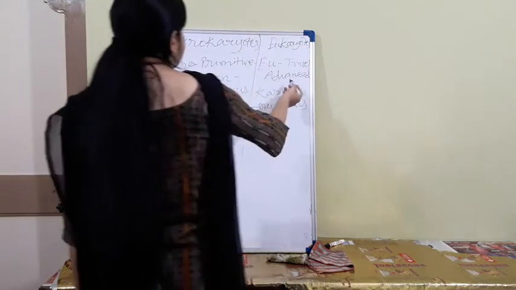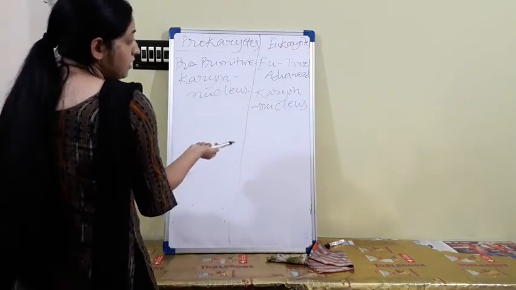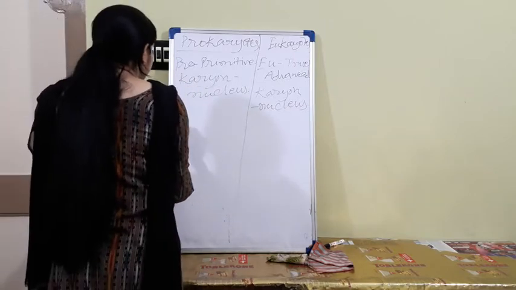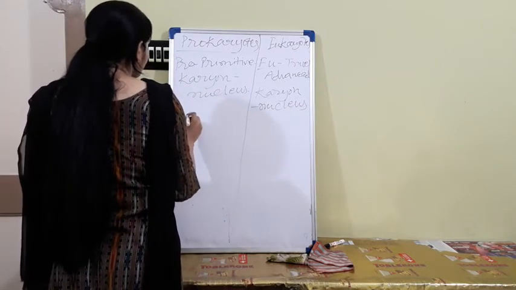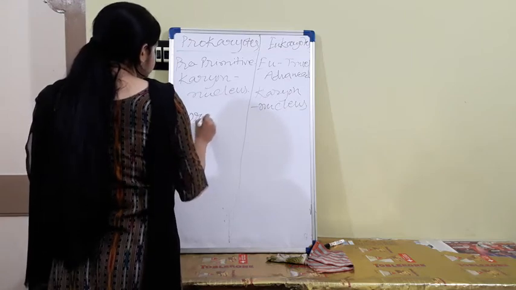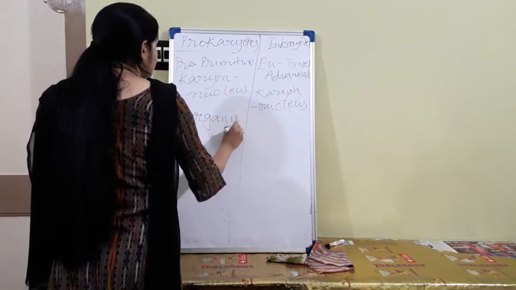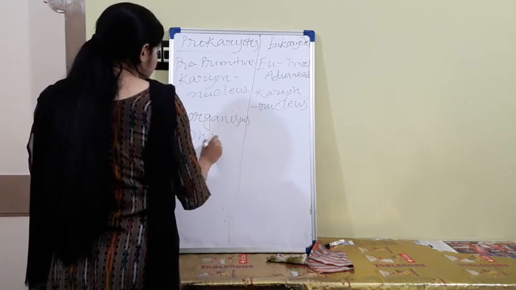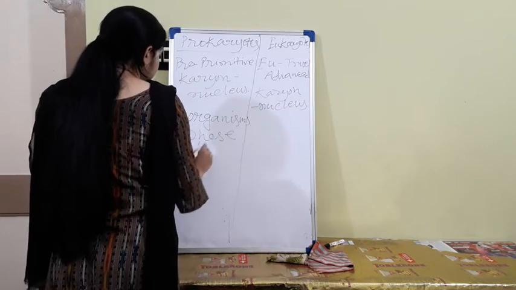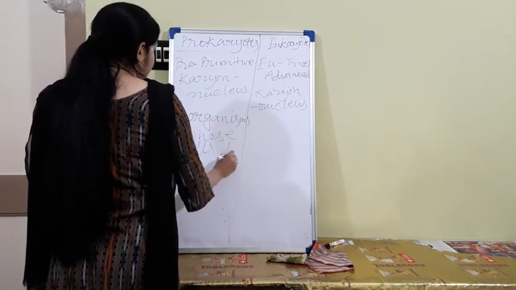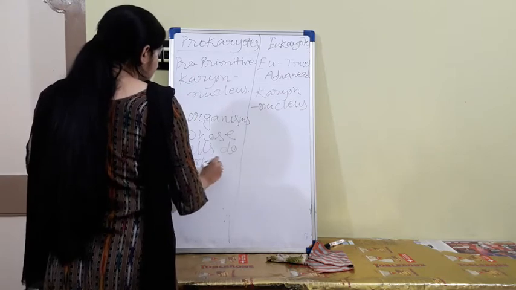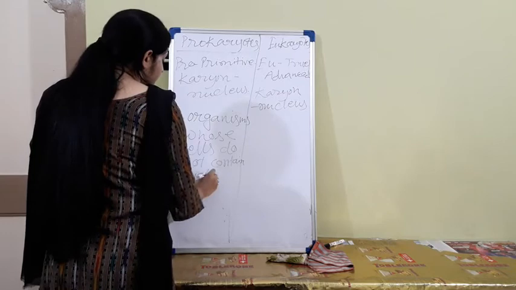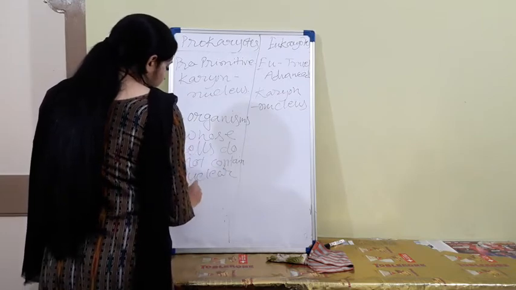It contains nuclear membrane, nucleoplasm, nucleolus. It only contains chromatin or nucleic acid part. Second one, organisms whose cells do not contain nuclear membrane.